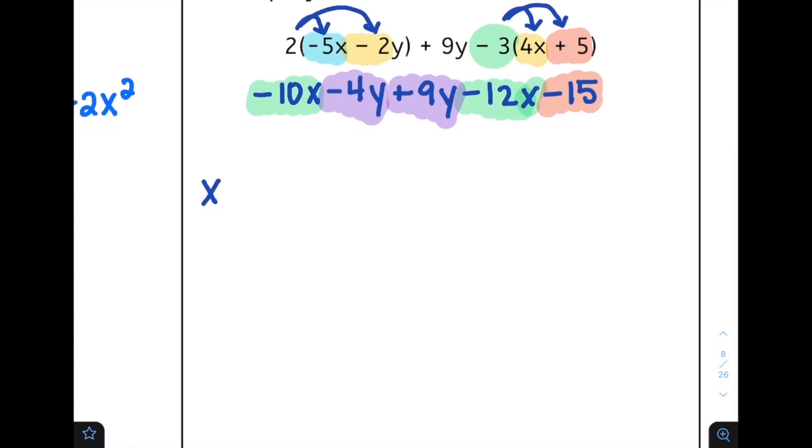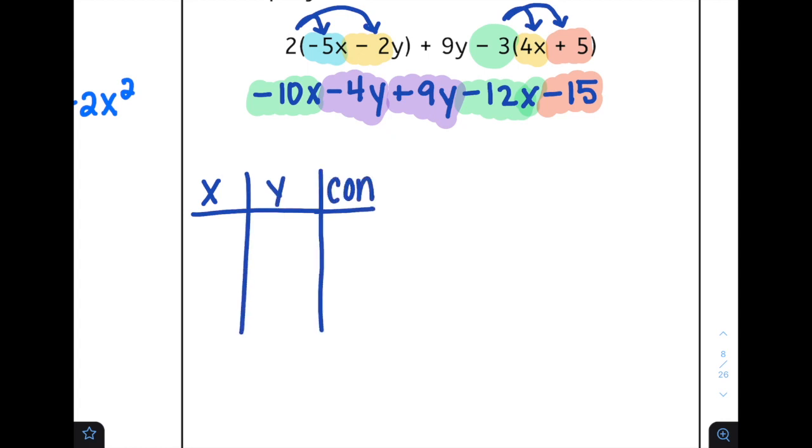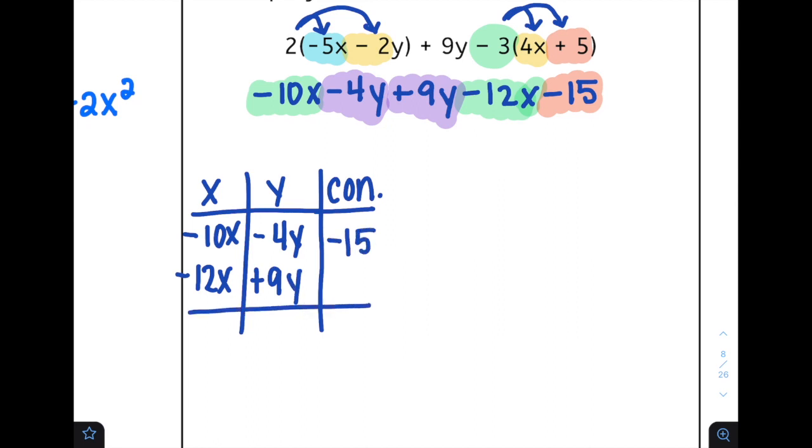I know I have an x, I have a y, and I have constants. So I'm going to list my negative 10x, negative 12x. My y's are negative 4y, positive 9y, and then negative 15. So negative 15 is just going to stay down here.